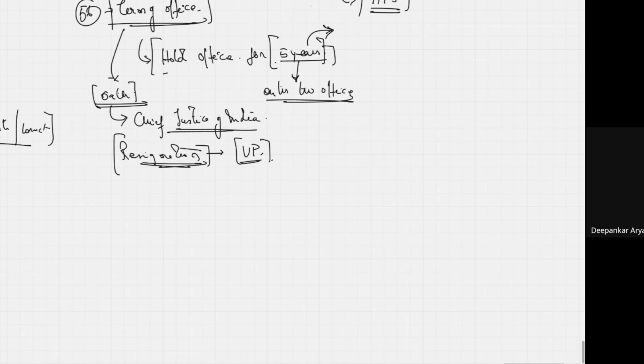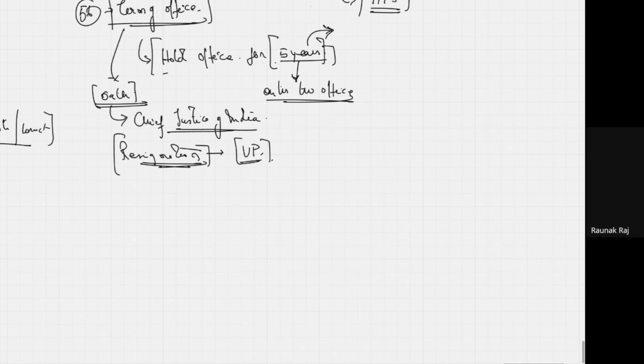Yes, Ronak. Anyone else? Sir, resignation authority should not be less than the appointing authority. Your voice is not audible. Sir, I said the resignation authority is not less than the appointing authority, sir. So, who is the appointing authority of the President of India?